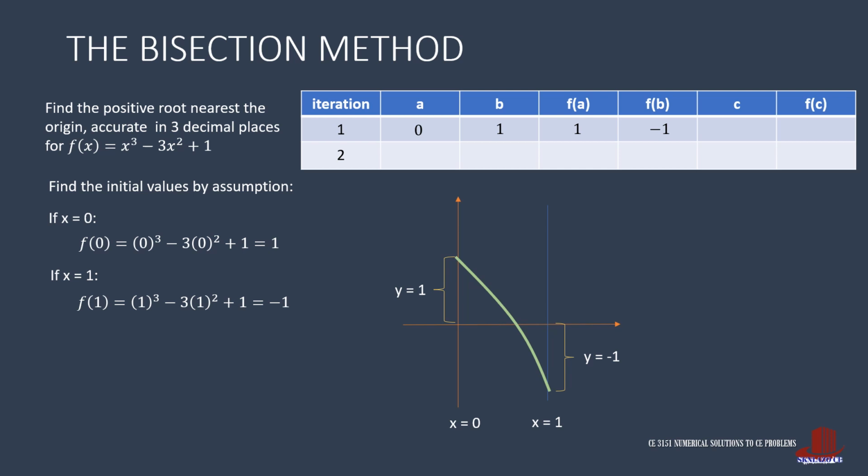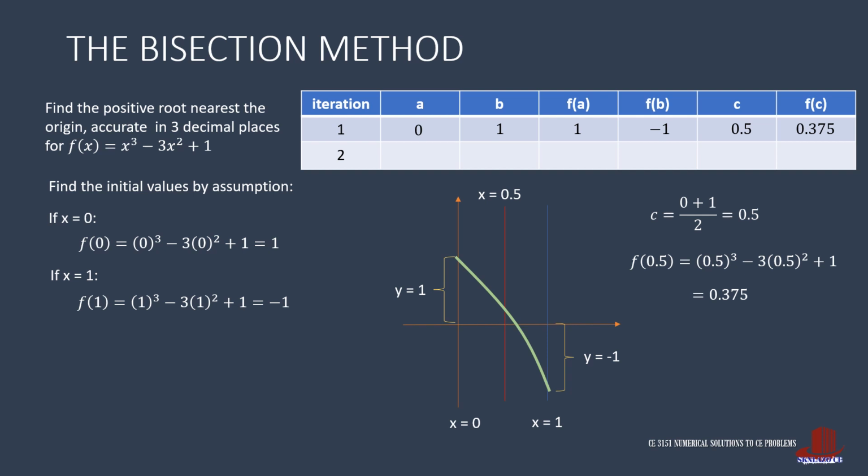Now, we take half of the interval at c. That would be at x equal to 0.5. The f of 0.5 is solved as 0.5 cubed minus 3 times 0.5 squared plus 1, giving 0.375. With f of c figured out, we have established iteration 1.